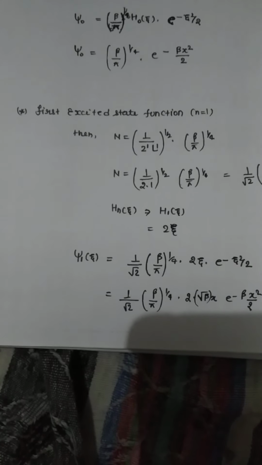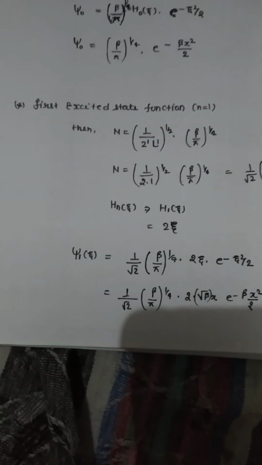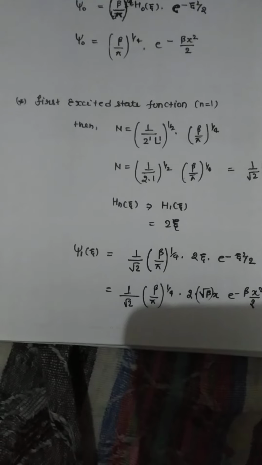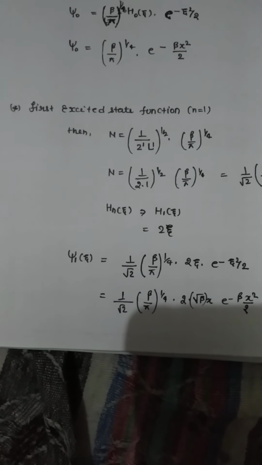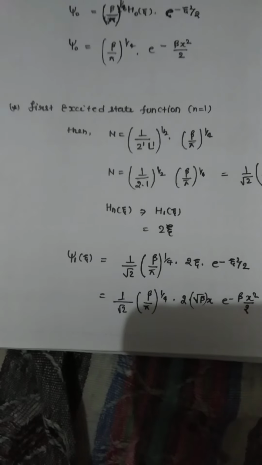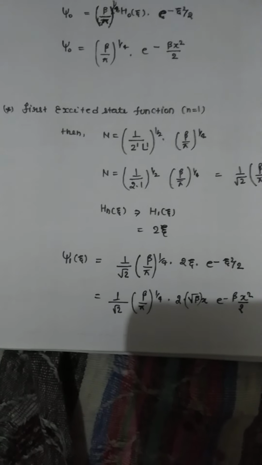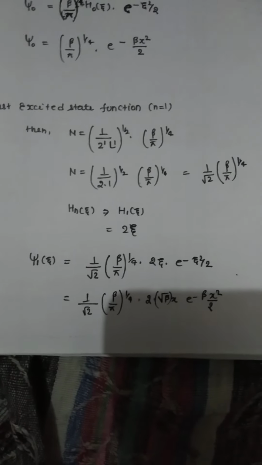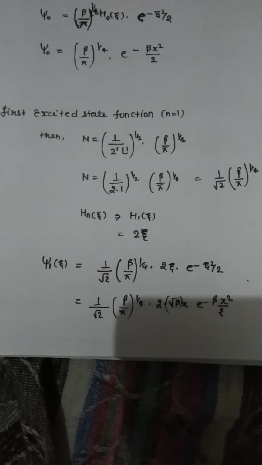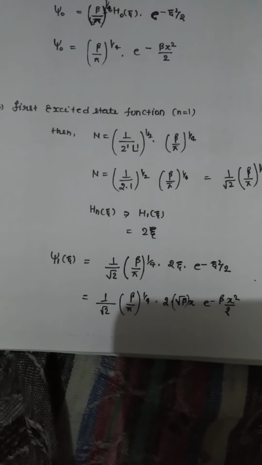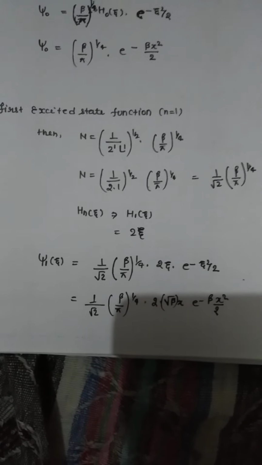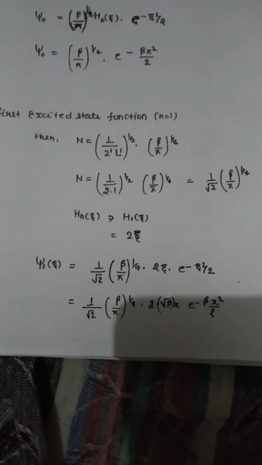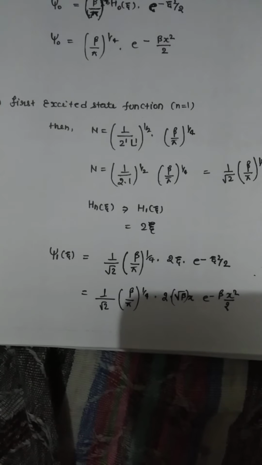First excited state function is n equal to 1, then psi 1 is equal to 1 upon root 2 to the power 1, 1 factorial, beta upon pi to the power 1 by 2, which is equal to 1 upon root 2, beta upon pi to the power 1 by 4.